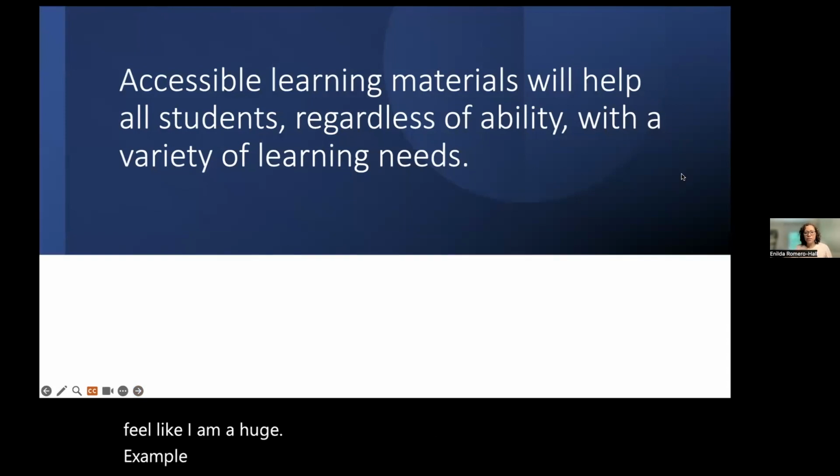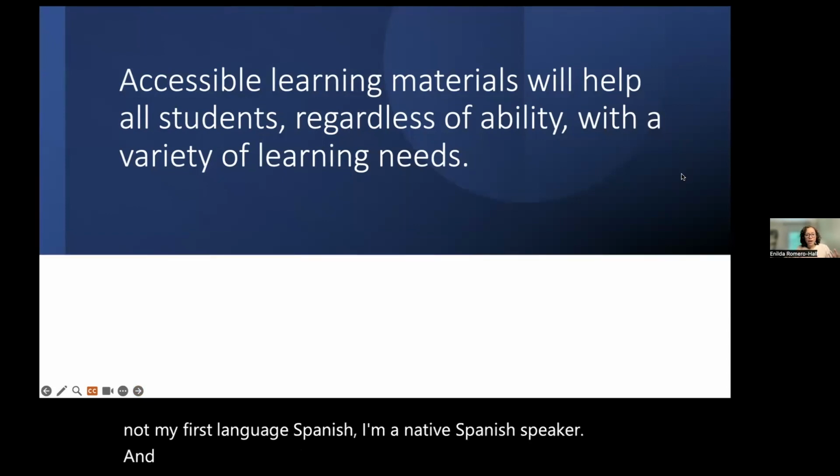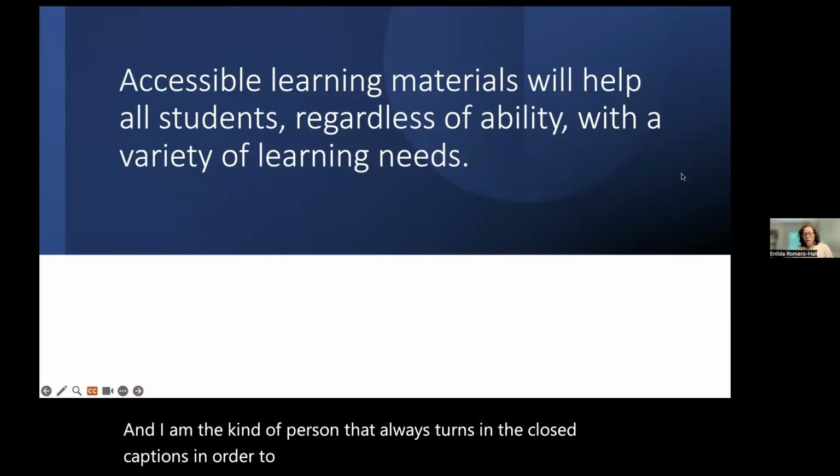example of this idea of accessible materials because English is not my first language. I'm a native Spanish speaker, and I am the kind of person that always turns on the closed captions in order to watch a video.